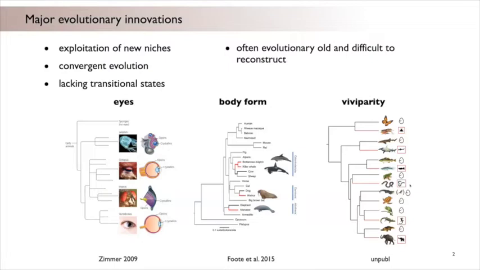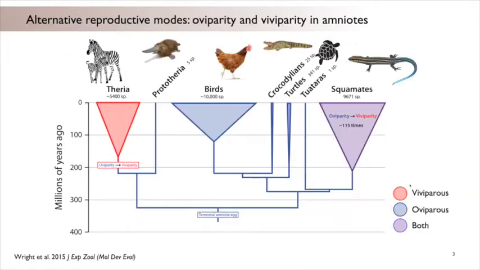Often these major evolutionary innovations are old and a bit difficult to reconstruct, and that has hampered our ability to infer the genetics of these traits. Today I'll speak about an example that we've been studying in squamates that has been able to look at this in more recent evolutionary terms.